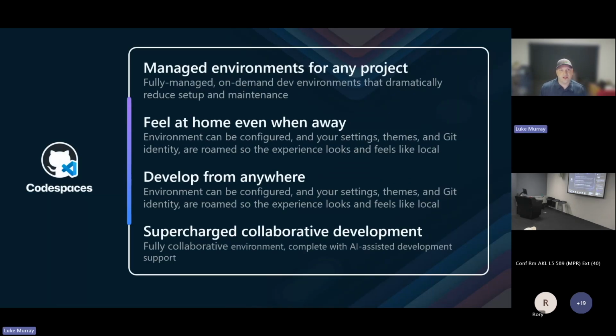Just to recap, code spaces are fast, they're disposable. They're meant to be point in time solutions. You start it up, you do what you need to do within that repo, you commit it or don't, and then they can just blow away.